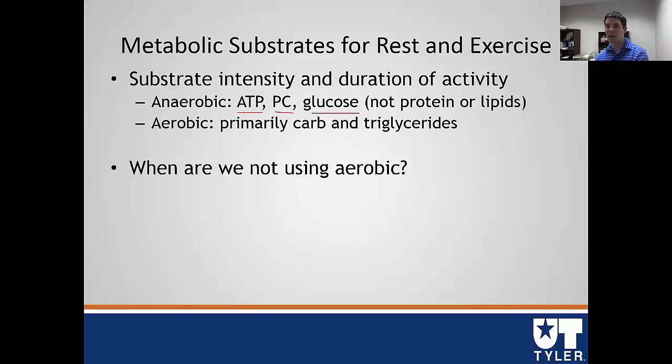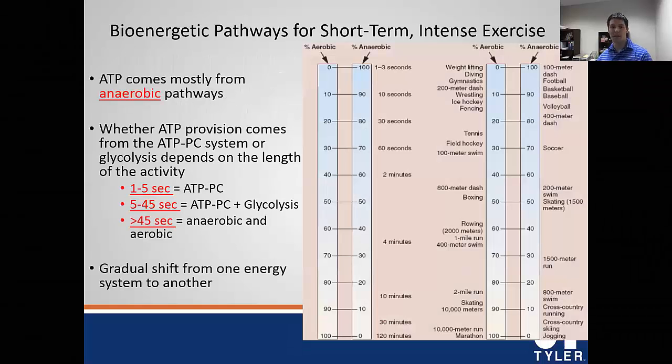So let's take a look at the bioenergetic pathways for short-term, high-intensity exercise. In general, when we say intense exercise, we mean going all out for as long as you can, and we'll talk about this as we move forward, but we'll highlight really early on.